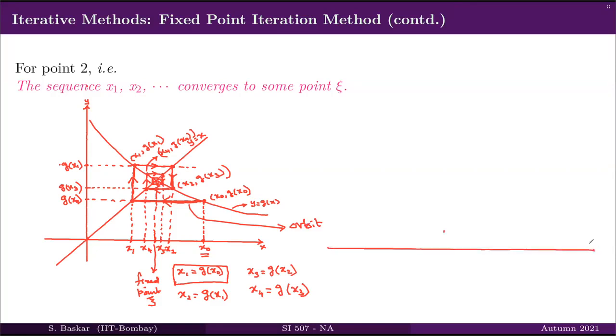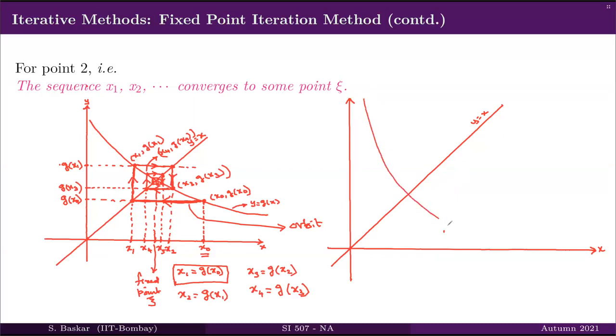Next, let us take a graphical example where the iterative sequence goes away from the fixed point, unlike in the previous example. Let us consider an iterative function g whose graph looks like this.